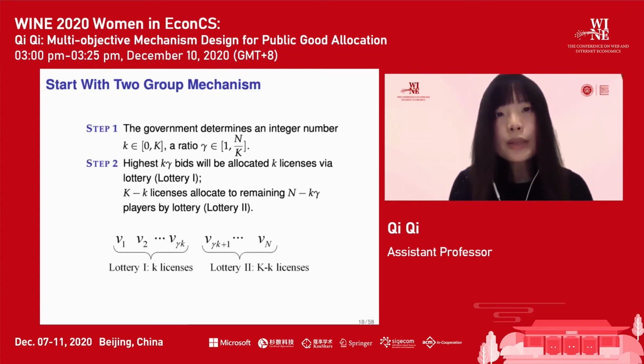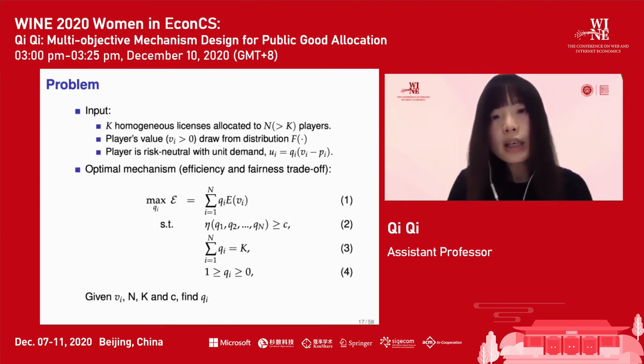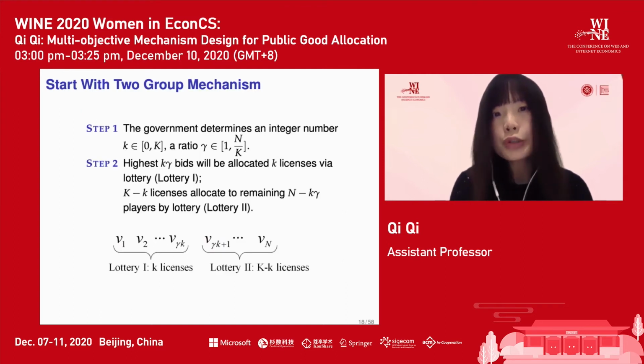We start with a two-group mechanism because solving this optimization problem may turn out to give everyone a different probability, q_i. So we start with a two-group optimal mechanism. It's very easy to implement and easy for participants to understand. We just divide all the participants into two groups.